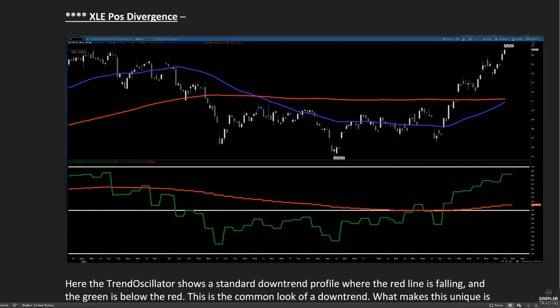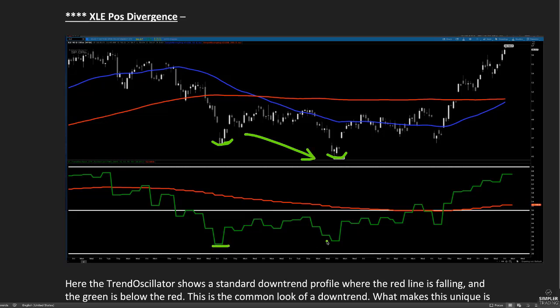So here's another one. This is going to be the XLE, the energy ETF. And this one's really just to focus on the divergence. So check this out. Here's a low. Here's a lower price low. Right, price goes down. But do you see how the indicator made a low here?